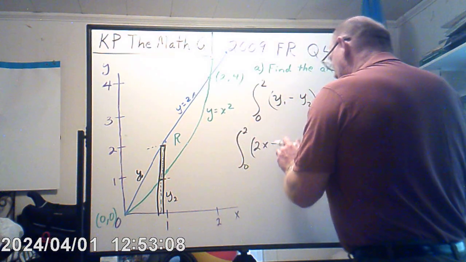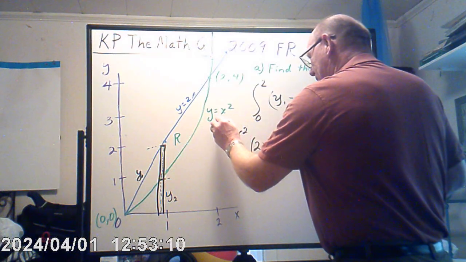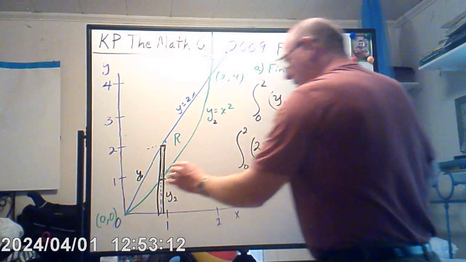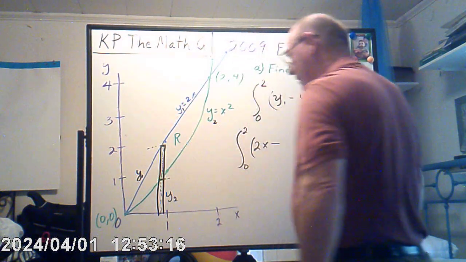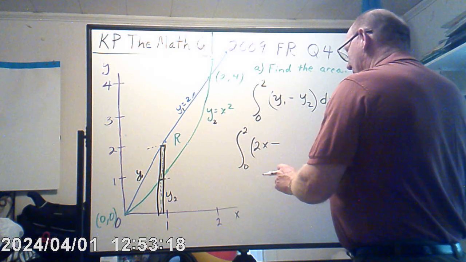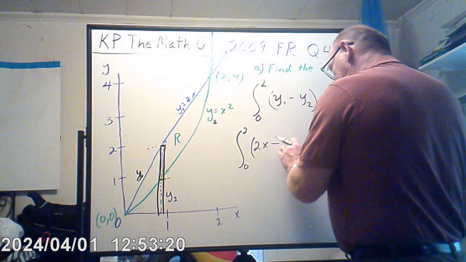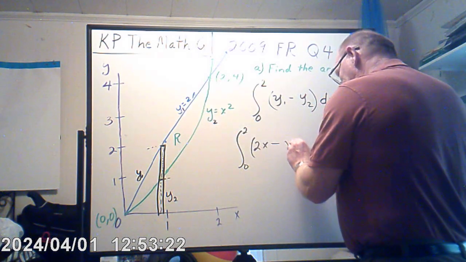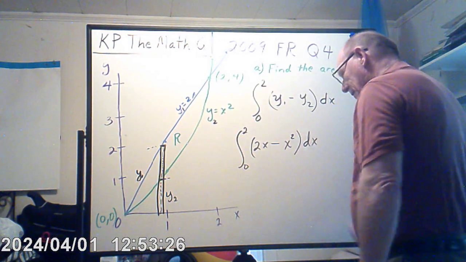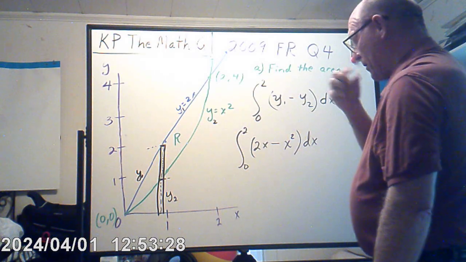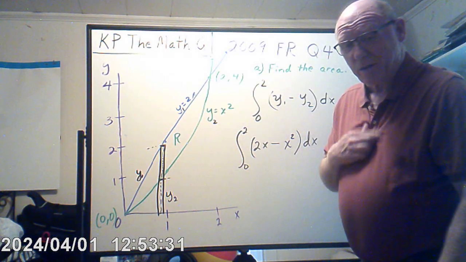This is y sub 1 right here, and this is y sub 2, so y sub 1 minus y sub 2: 2x minus x squared dx.